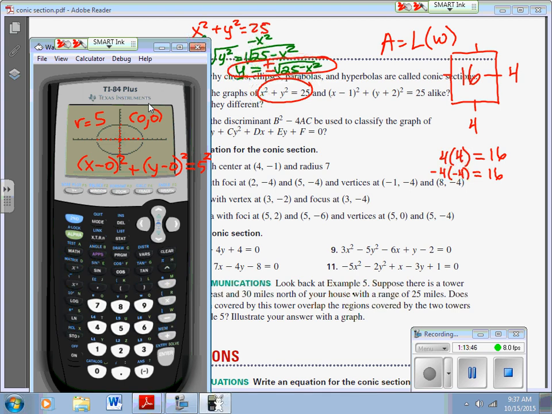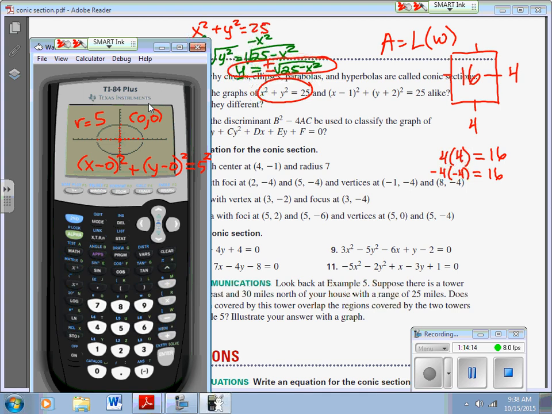Now, do you see that the other one, we have to do the FOIL method to each parentheses, x minus 1 squared, and then we have to do the plus y plus 2 squared FOIL method there, and then get y completely alone. That one would get very messy to get y alone. So that's why we have to learn how to complete the square, so we can get to that equation a lot easier.